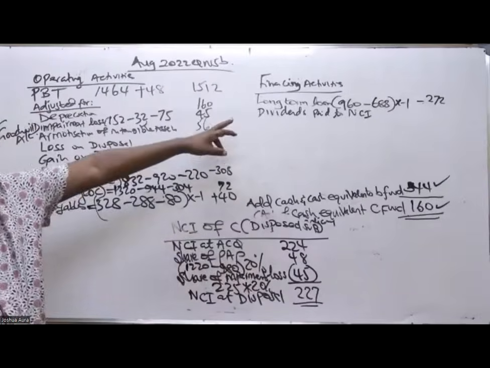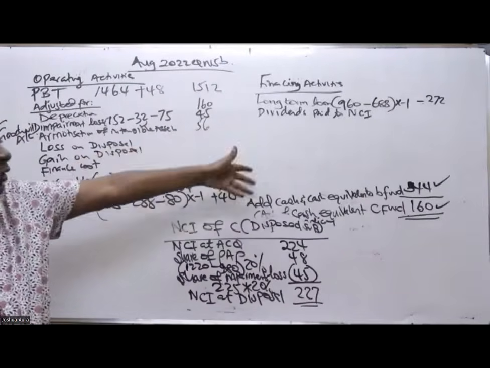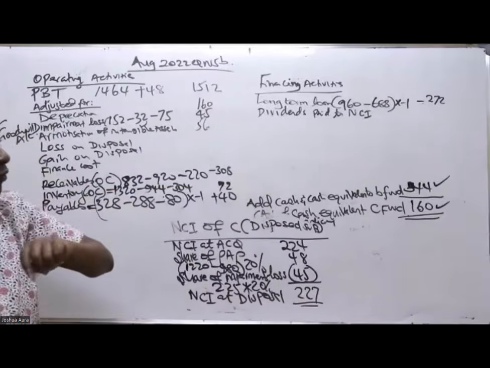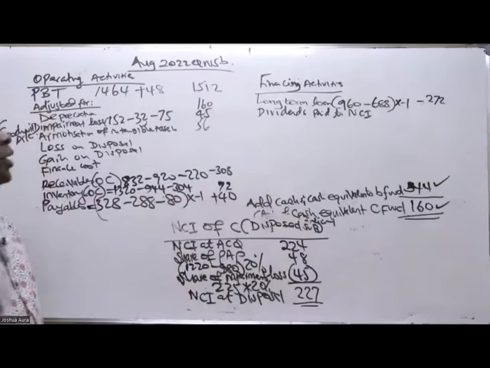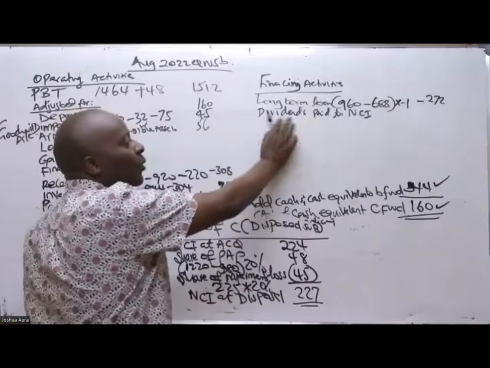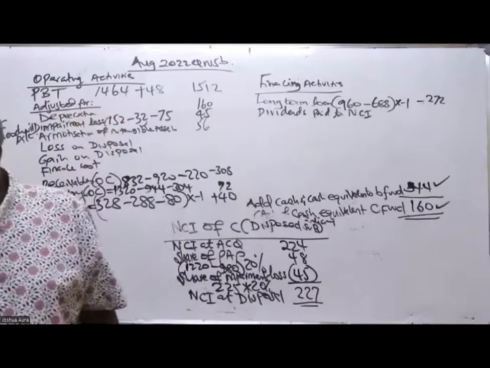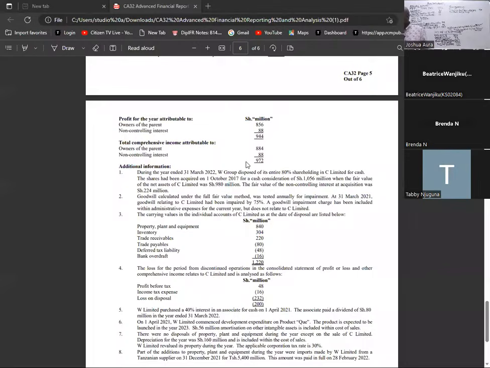Then come to the dividends paid to NCI. This is the easiest. This is another working that I can easily do after I've done, and I will be able to guide you. It's only that I'm seeing time is really moving very fast. But there are those workings which are very important, like now your dividends paid to NCI. What I'll do, I'll take NCI at the beginning.